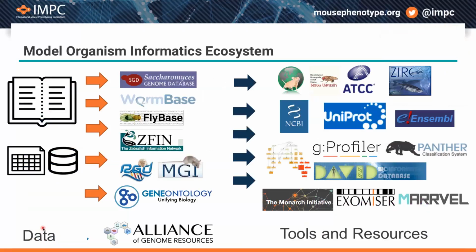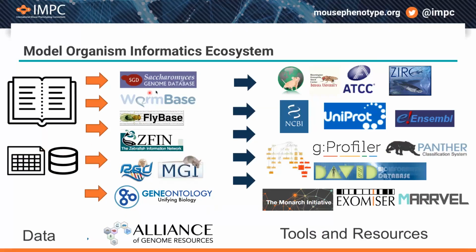So in the traditional realm of peer-reviewed science, most data is published in the scientific literature, as you know better than I. And of course, there are other resources. There's often supplementary data, bespoke databases for projects. And so over the last two decades, there have been these dedicated, what we call model organism databases, funded by the NIH, I think in large part by the NHGRI, to capture all this data.